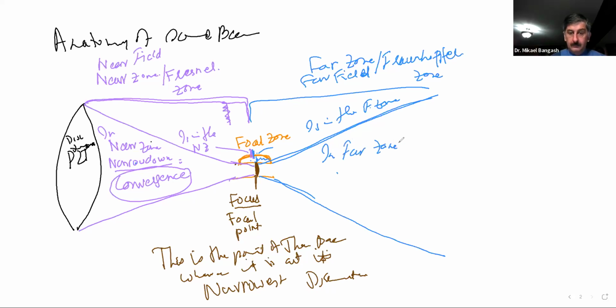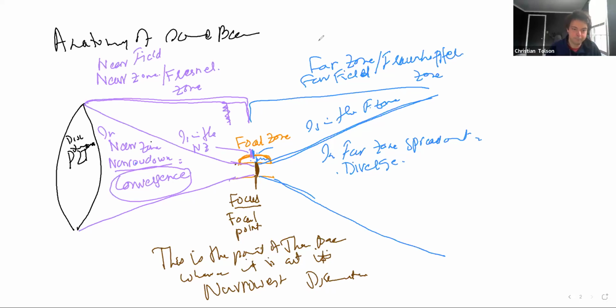In the far zone, the beam is going to spread out, and this spreading out is what we refer to as the beam diverging. Did you guys get that?